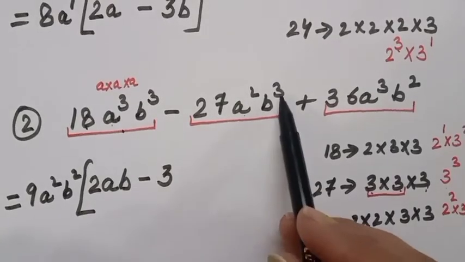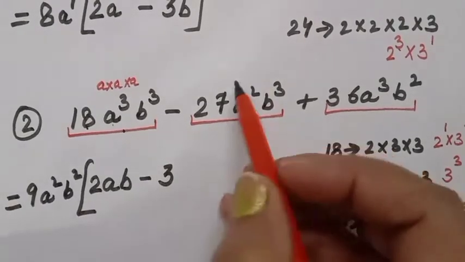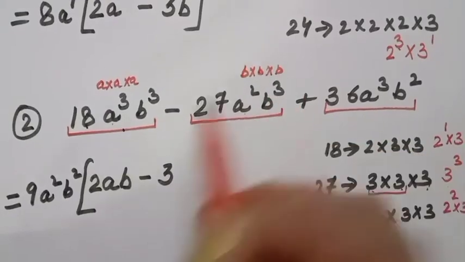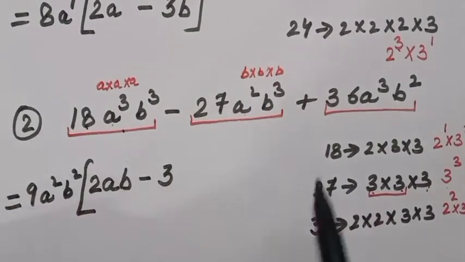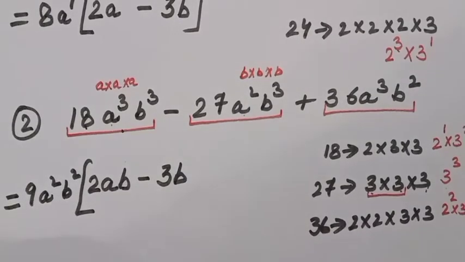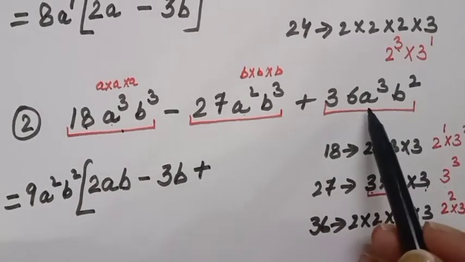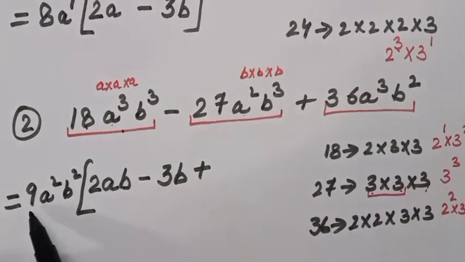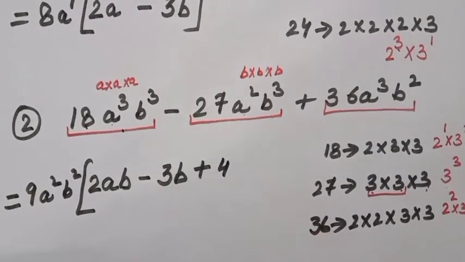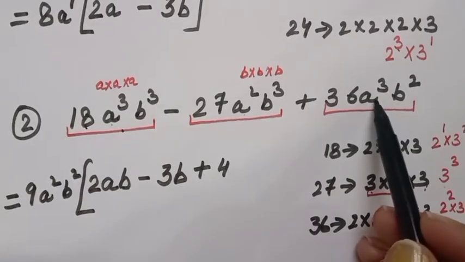And for b, 3 times b were there, means b into b into b. Out of these 3 b's, you have already taken 2b as common. So you are left with only 1b. Then plus, from the third term, 36 can be written as 4 into 9. So 9 you have taken common. So what is left? 4. And out of a cube, 3 a's.